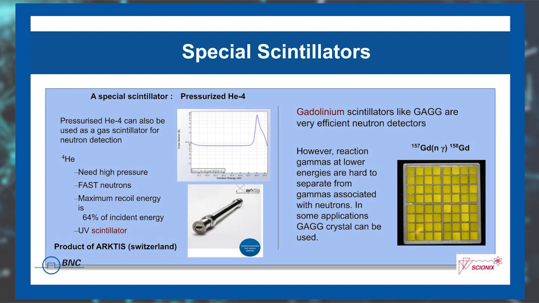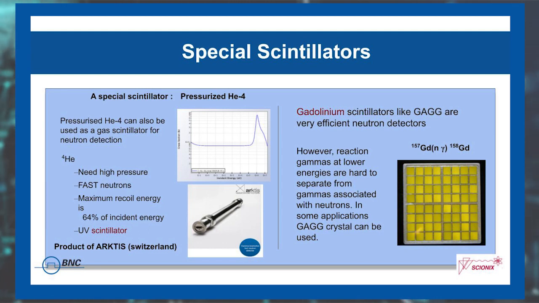They look nicely yellow because the emission is at much longer wavelengths than the blue scintillators we saw up to now, or the green plastic scintillators. This is a very, very efficient neutron scintillator. However, the neutron reaction produces gammas, and it depends totally on your application whether this is something you can live with for your neutron detection.